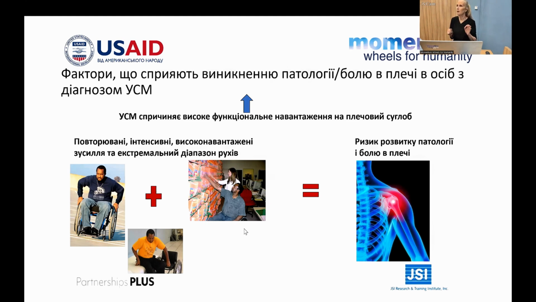Persons with a diagnosis of paraplegia and tetraplegia are often using their shoulder as a weight-bearing limb. This places an increased demand. We also know that because they're in seated positions, they're often reaching over their head to reach things.